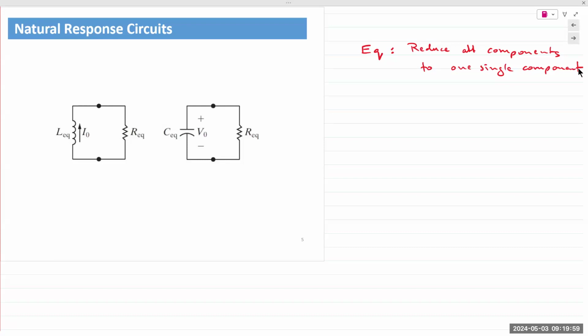And because it requires a first order differential equation, we refer to it as a first order circuit. If you have one energy storage component in your circuit, it is known as a first order circuit. Okay, so all of these are first order circuits, because you have one energy storage device.